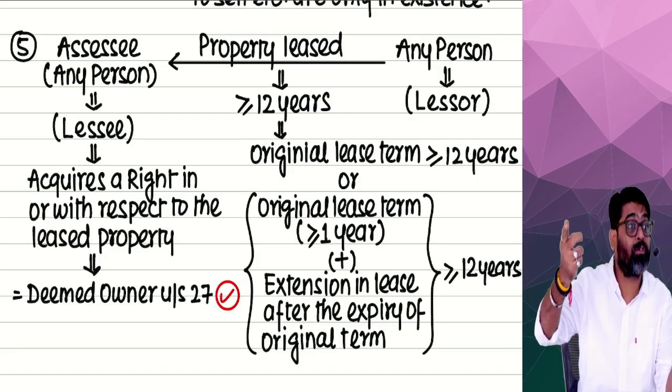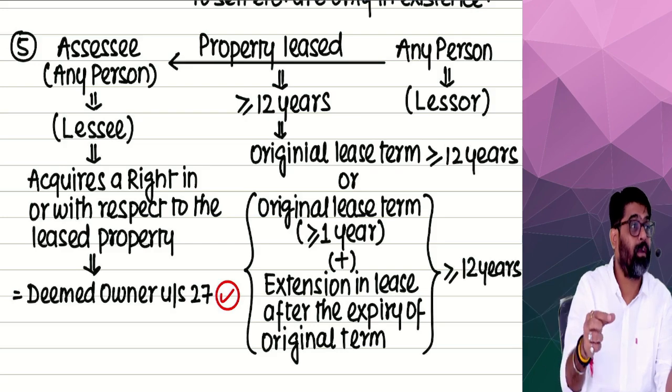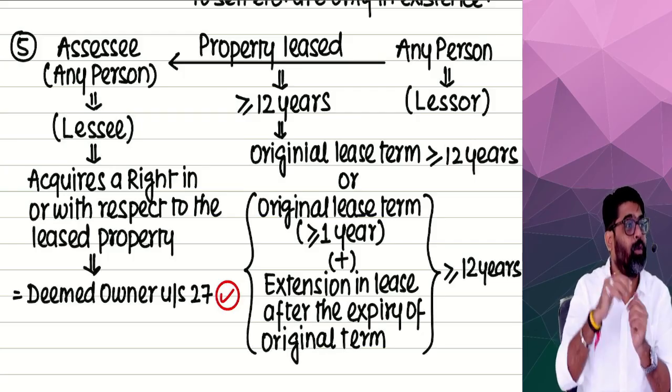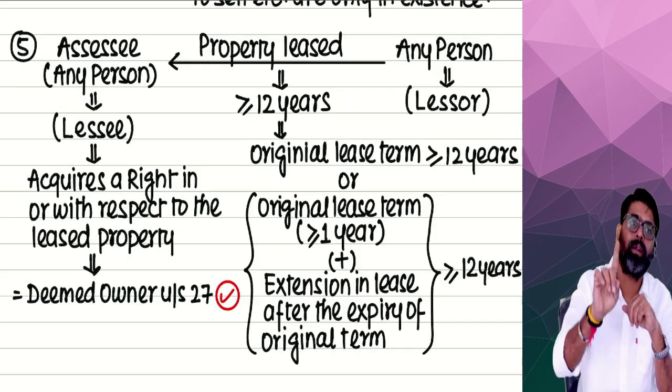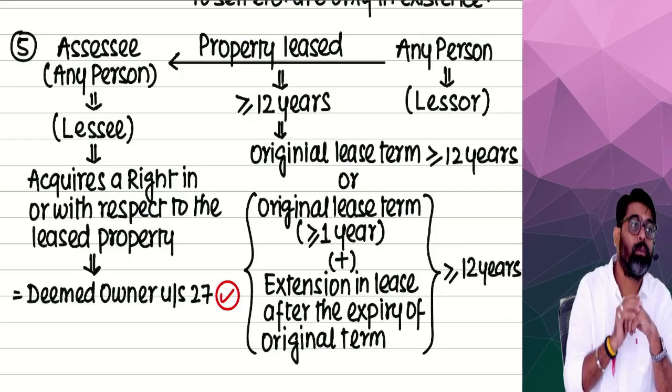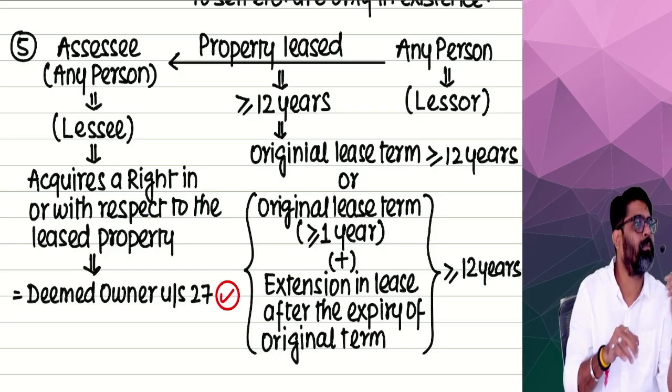The original time is 10 years, which is less than 12. So 10 plus 10, the total is still 12 years or more. It will still be treated as a long-term lease, and here also the right will come.